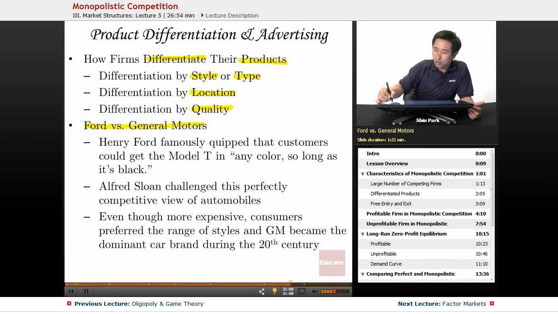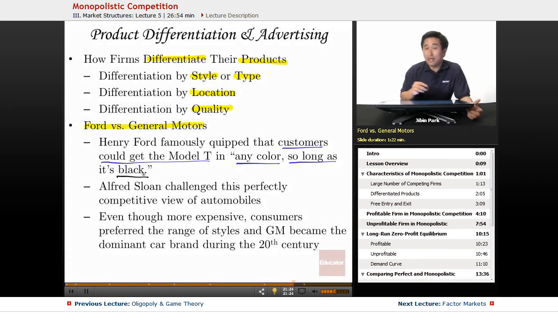A very famous quote that can be attributed to Henry Ford: he very famously quipped that customers could get the Model T in any color so long as it was black. So basically, you had kind of a perfectly competitive market, and Henry Ford basically assumed that lower costs are the premium thing that American consumers wanted.